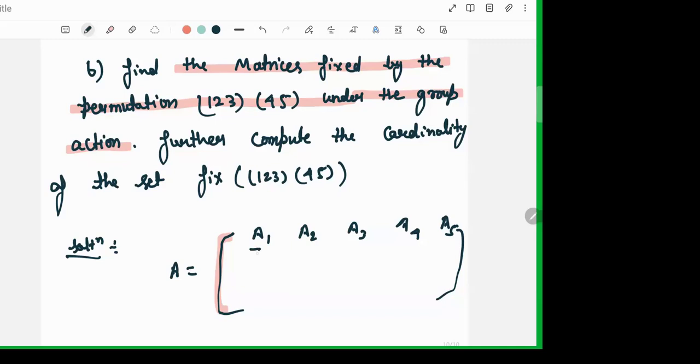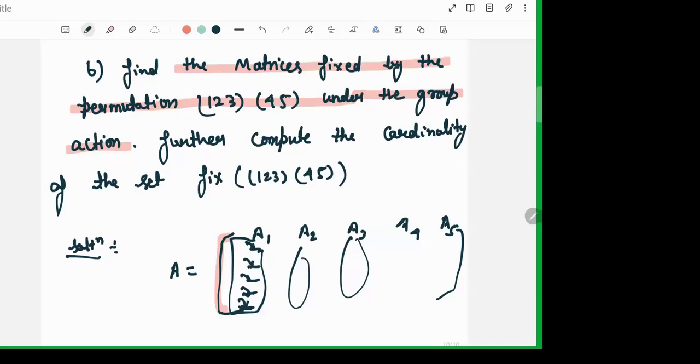But in each column you have 5 entries, because this matrix is 5 cross 5 with entries over Z5. So each slot has 5 choices, and they are going to be the same here and here as well. So how many choices for this column?